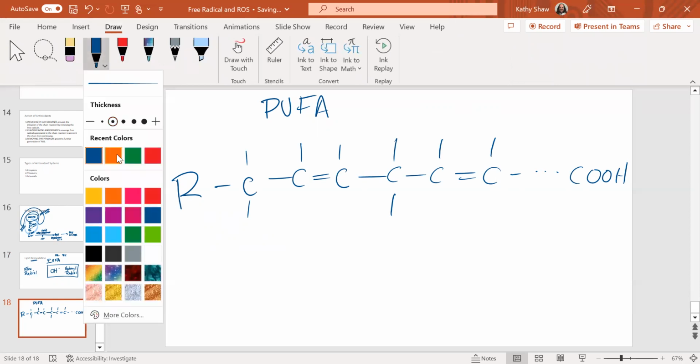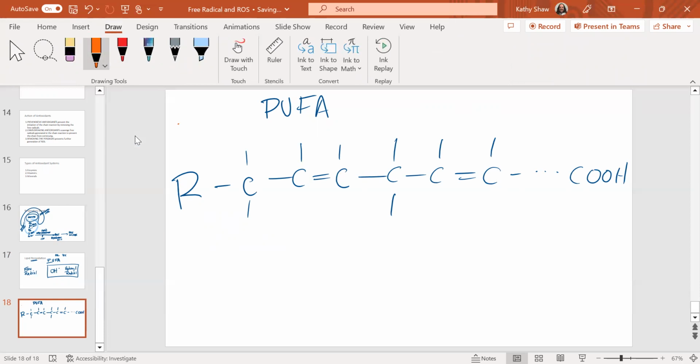Remember what we said about double bonds? We had rules. They have to be no more than, no less than 3 carbons apart. So because they can be no more than, no less than 3 carbons apart, we've got a carbon in the middle that doesn't touch any double bonds. And you can put your hydrogens on if you want to make it more complete.